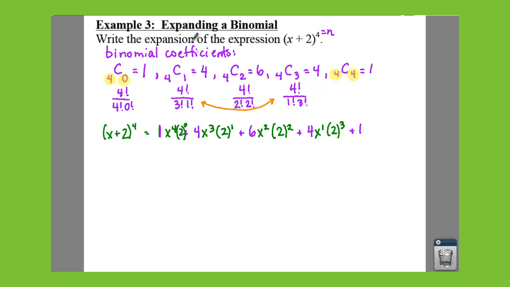So our last term, your coefficient up above is a 1. We're going to have an x to the 0, which just means we're not going to have one, and then 2 to the fourth.